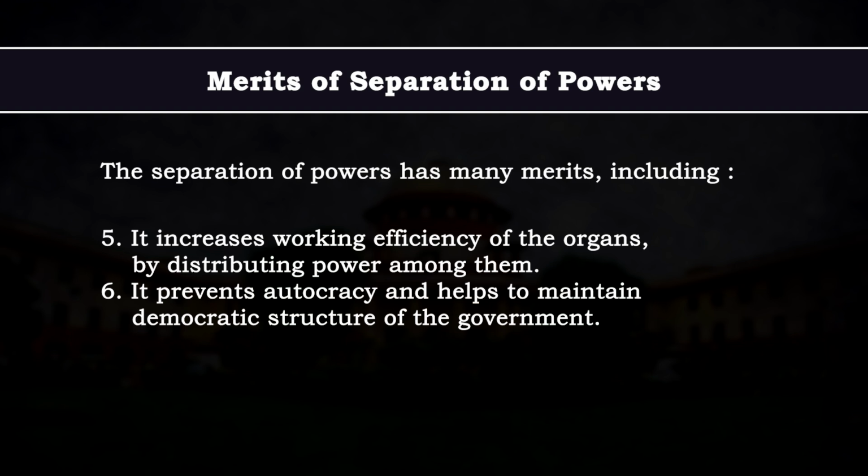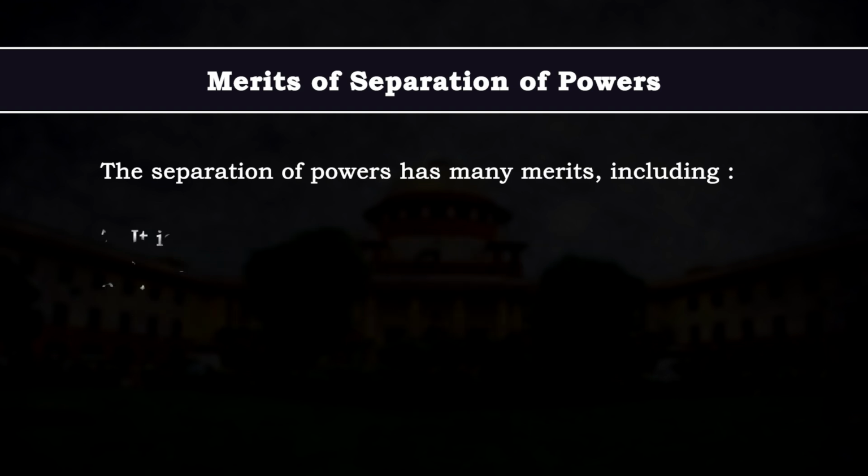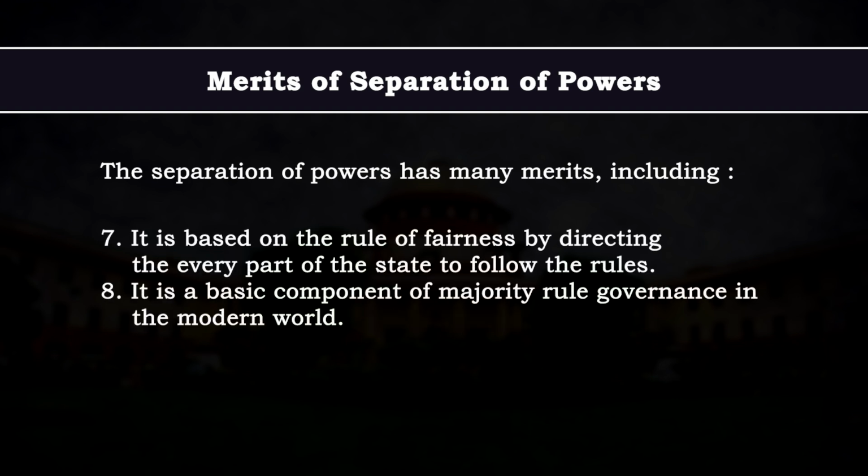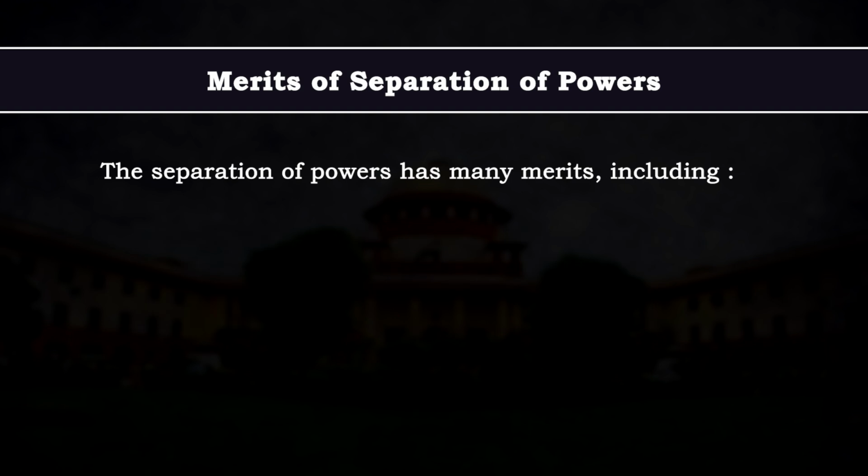Number six, it prevents autocracy and helps to maintain a democratic structure of the government. Number seven, it is based on the rule of fairness by directing that every part of the state to follow the rules. Number eight, it is a basic component of majority rule governance in the modern world.